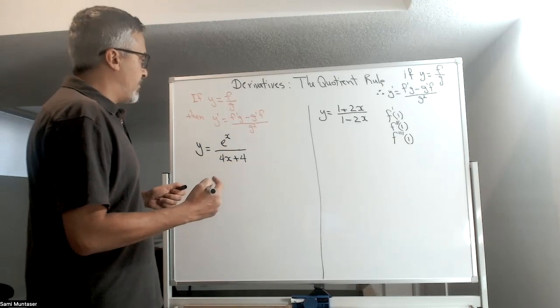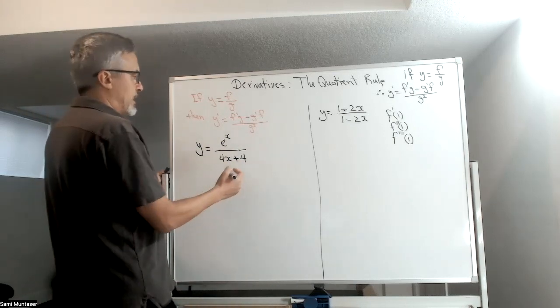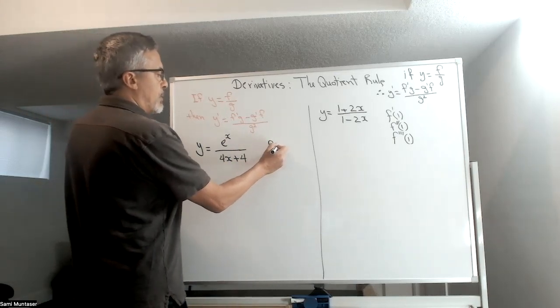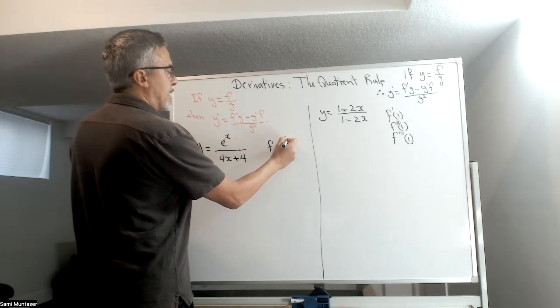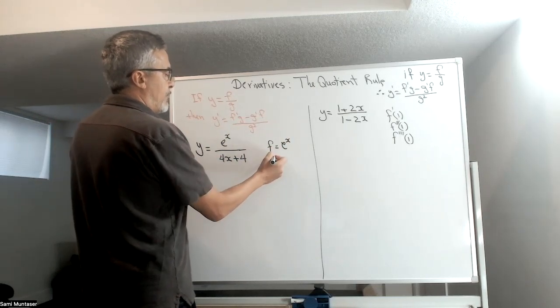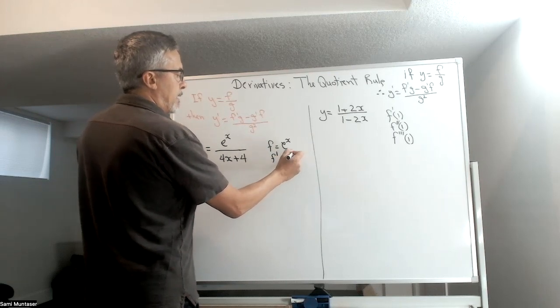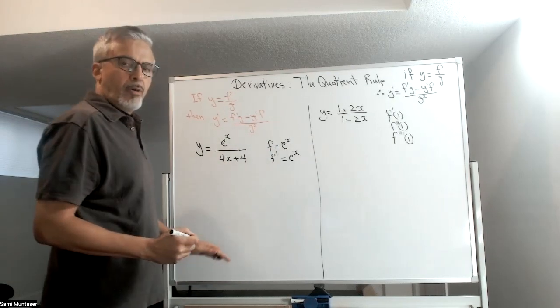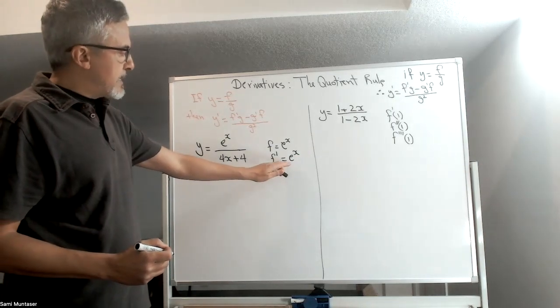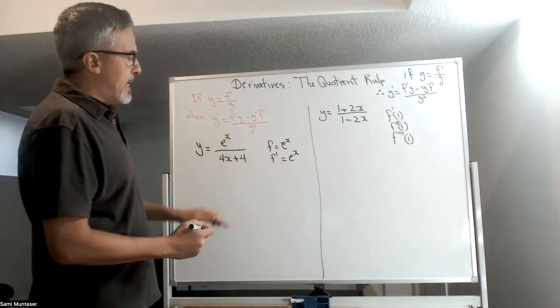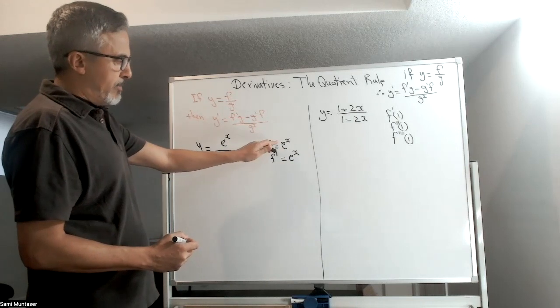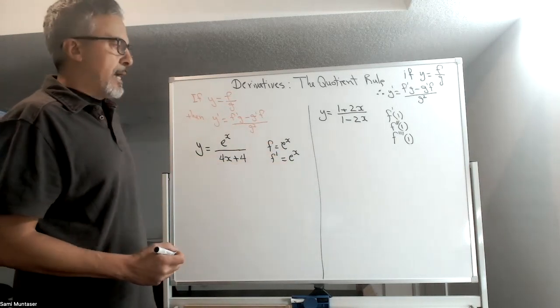Now I have to identify my f's and g's here. My f would be the e to the x, and therefore f prime would be e to the x. We all know the derivative of e to the x is the same as f, exactly e to the x.